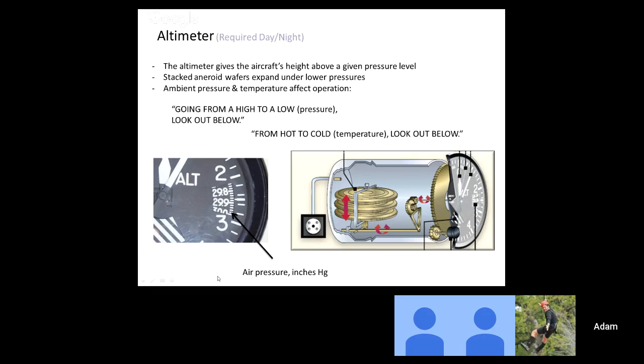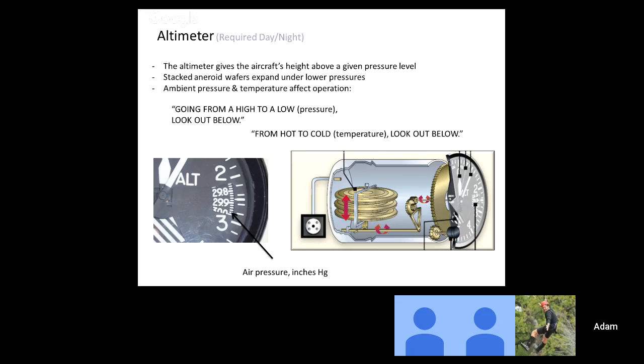Now, in practice, when you're flying the aircraft and doing your cross-country flights, you will always set that pressure window to the most accurate barometer setting that you can get, which is typically the airport you're departing from, or as you're going to your destination, it may be a pressure setting from an airport en route.